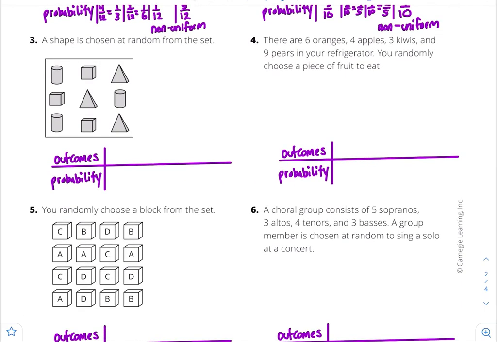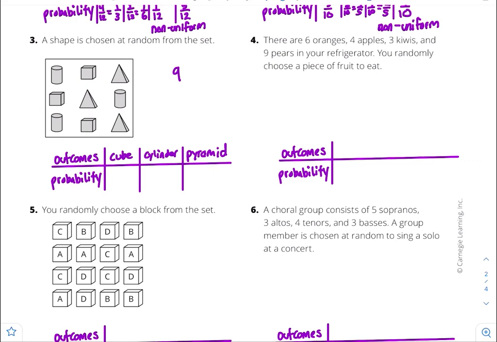Number 3. Okay, so for the shapes, we got a cube, cylinder, and pyramids. Total amount of shapes, there's 9 total. So all of these are going to be divisible by 9.